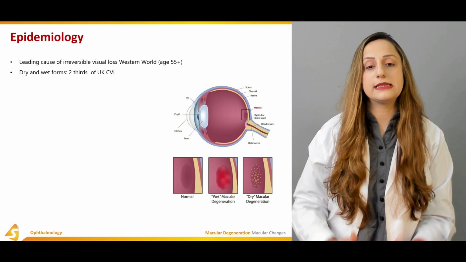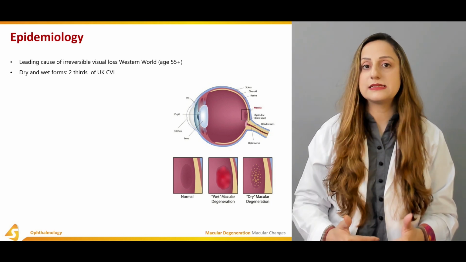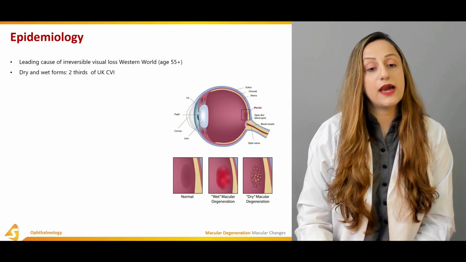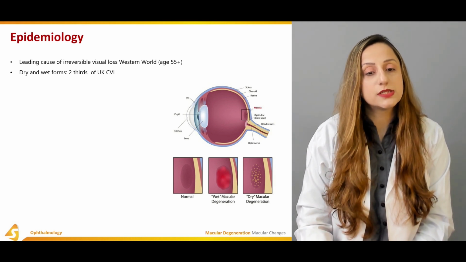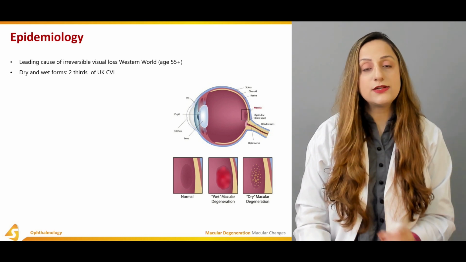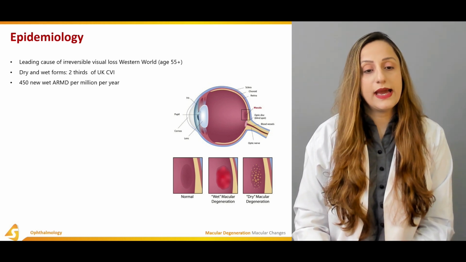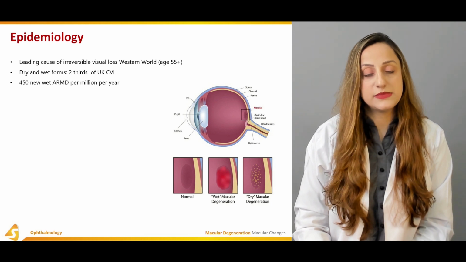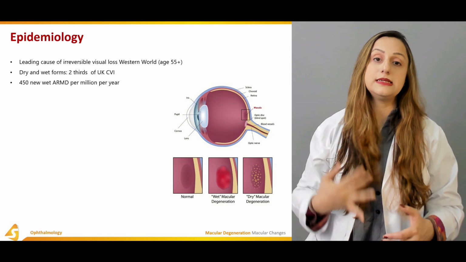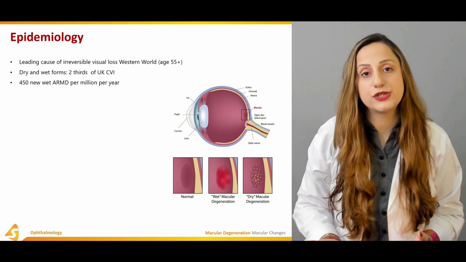So it's usually in the 5th or the 6th decade of life that you observe these changes. Then we have the dry and the wet forms. 2/3 of the UK citizens are also suffering from this sort of central vision loss. Then we have 450 new wet ARMD per million per year. So this is quite a prevalent disease. Obviously, it is more prevalent in the older age groups.